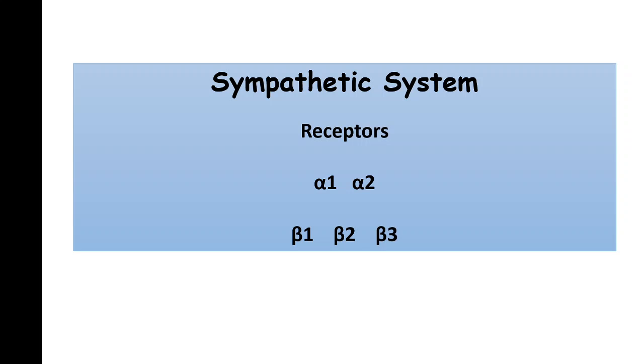So this is the overview of sympathetic transmission. The neurotransmitter involved is norepinephrine, noradrenaline. Receptors are of two types, alpha and beta. Alpha is divided into alpha 1 and alpha 2, and beta has three subtypes: beta 1, beta 2, beta 3.